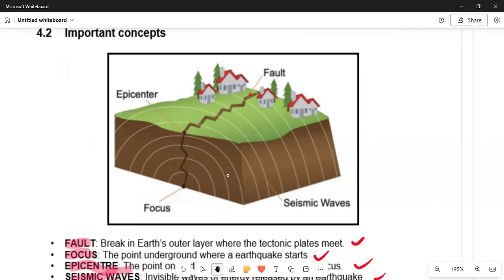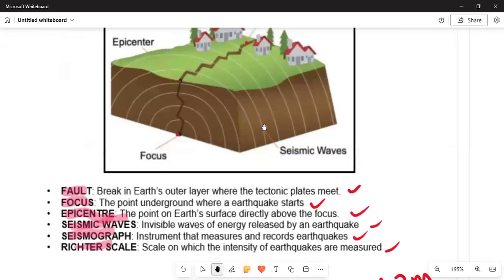Then we've got the focus, the point underground where the earthquake starts. The earthquake starts here and erupts at the focus. Then we have the epicenter, the point on Earth's surface directly above the focus. Then the seismic waves, invisible waves of energy released by the earthquake.